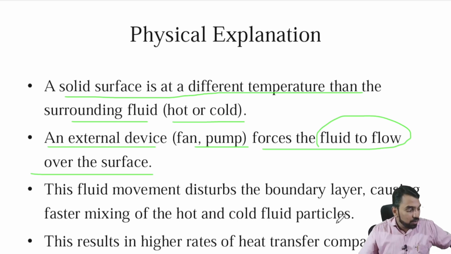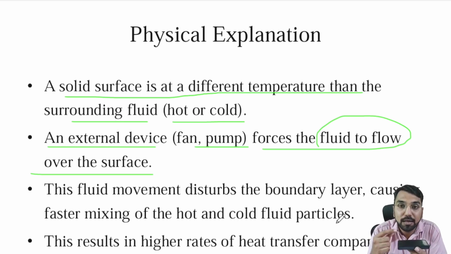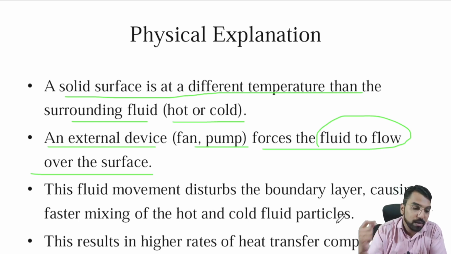Whatever density difference or convection current is created naturally, in forced convection we do it by using some external device like a pump, fan or blower. This fluid motion disturbs the boundary layer and causes faster mixing of hot and cold fluid particles, so this results in a higher rate of heat transfer compared to natural convection.